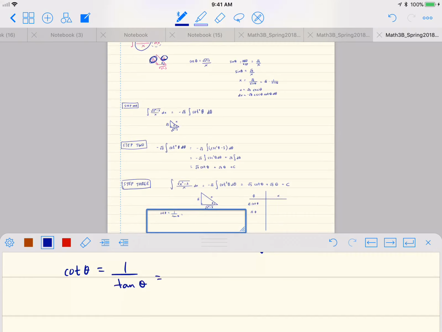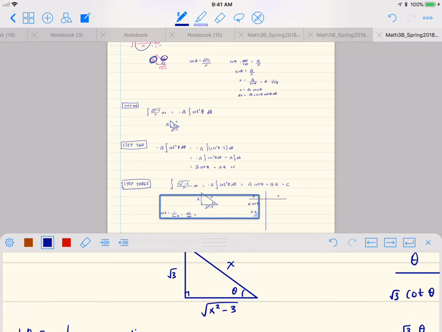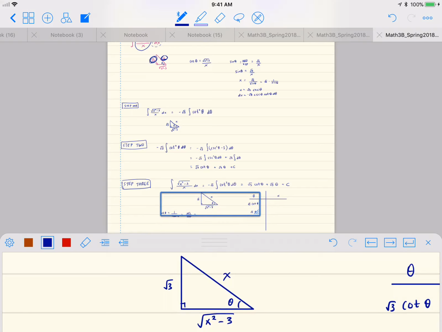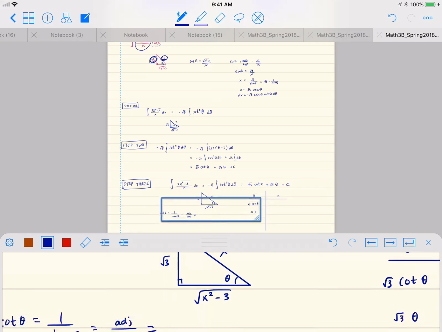And tangent of theta is opposite over adjacent. So this should be adjacent over opposite. So looking at our triangle, we should get square root of x squared minus 3 over square root of 3.